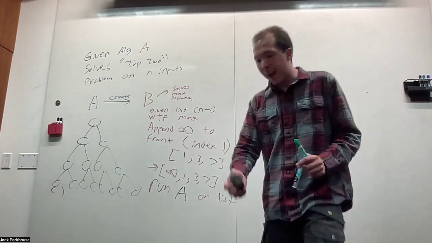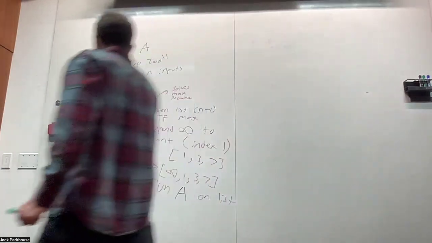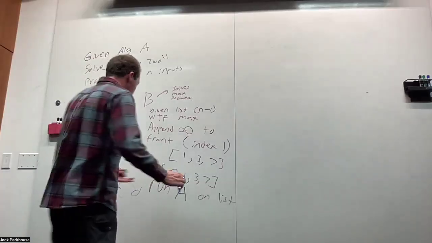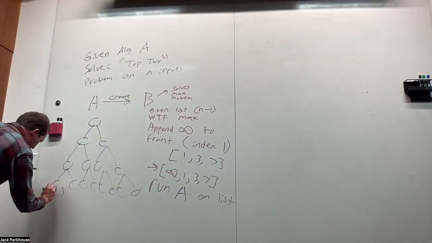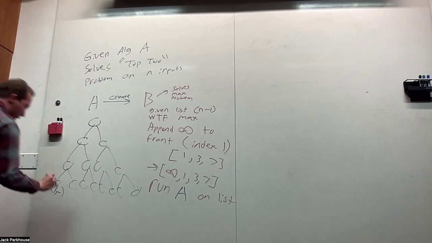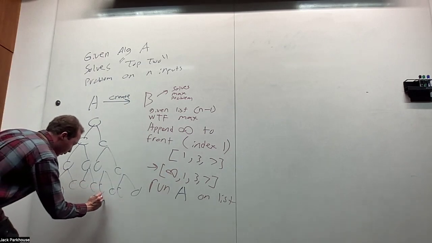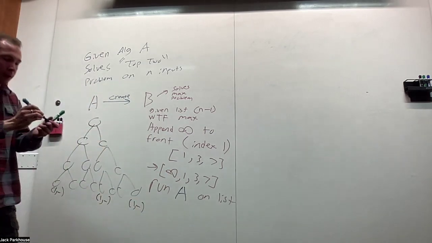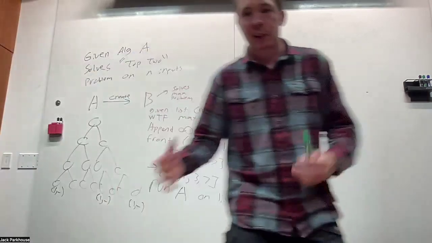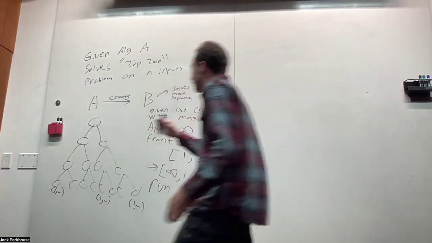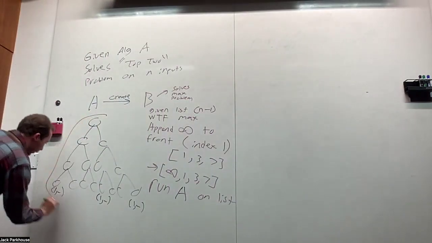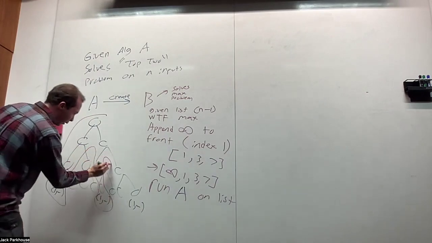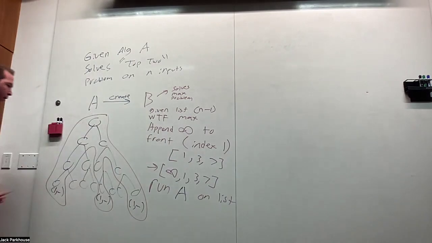So when we look back at our binary tree, if we look at all the leaves where the max index was 1, so maybe 1, then 1, and 1, our new algorithm B is going to contain all of these paths to the possible outputs where 1 is the max.